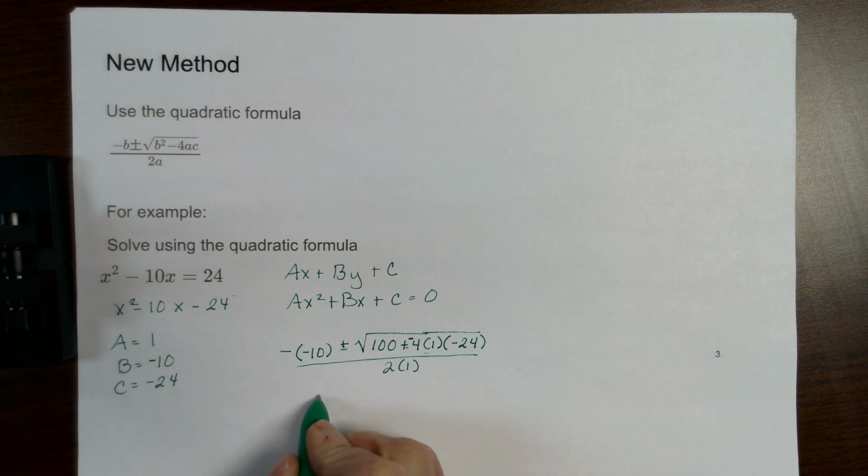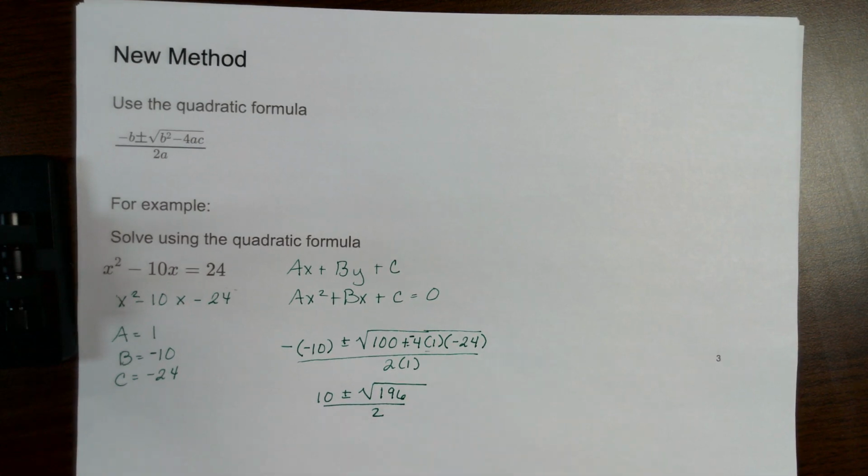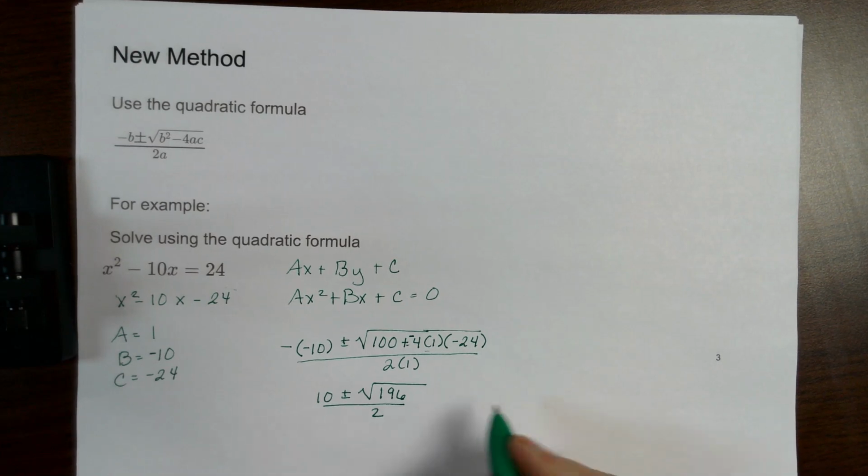So this is going to give me 10 plus or minus the square root of 196 over 2. You want to check to see if there's a square root of 196, which there is. It's 14.